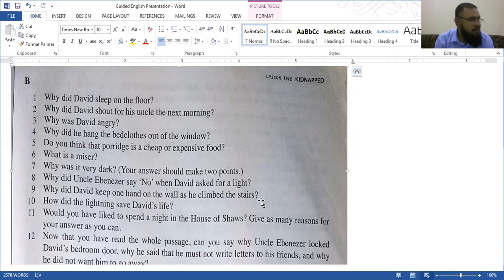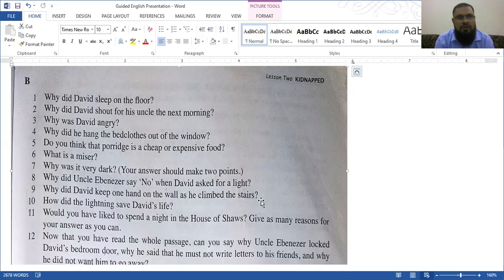Why did he hang the bedclothes out of the window? Number 5. Do you think that porridge is a cheap or expensive food? Number 6. What is a miser? Number 7. Why was it very dark?